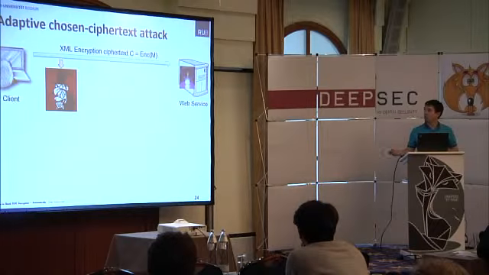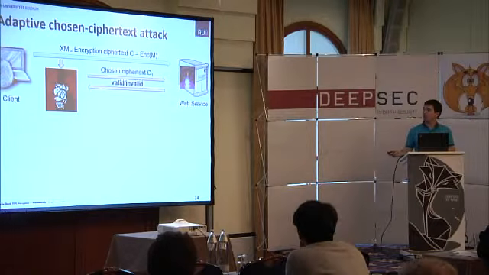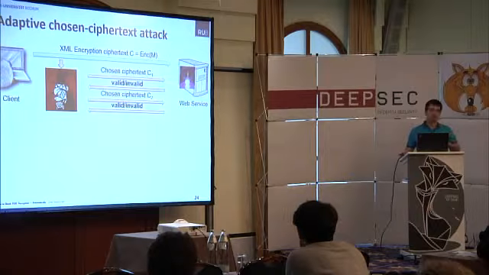He uses the web service as an oracle, modifies the ciphertext, sends it to the oracle, and the server responds with valid or invalid. And he repeats this several times with different modified ciphertexts, and at the end, he can decrypt the message. Okay, this is the basic scenario behind adaptive chosen ciphertext attacks.